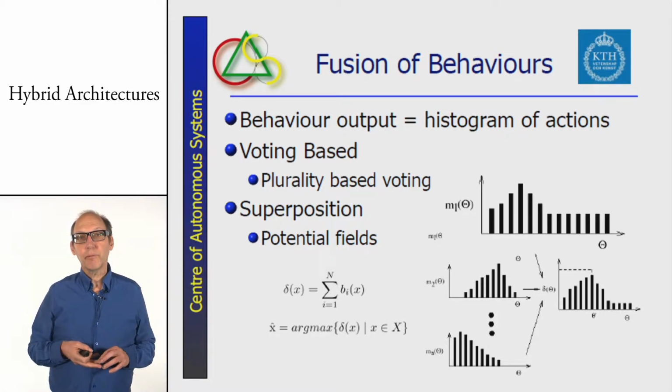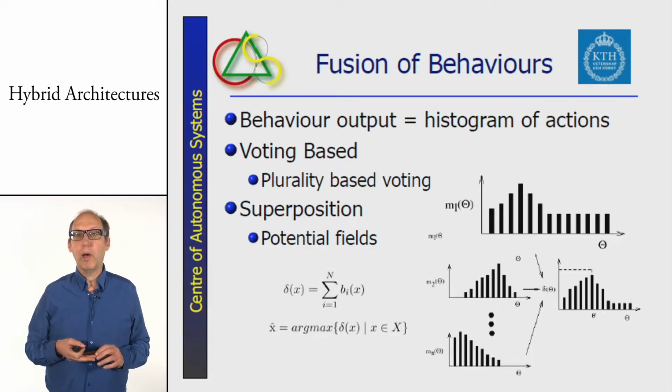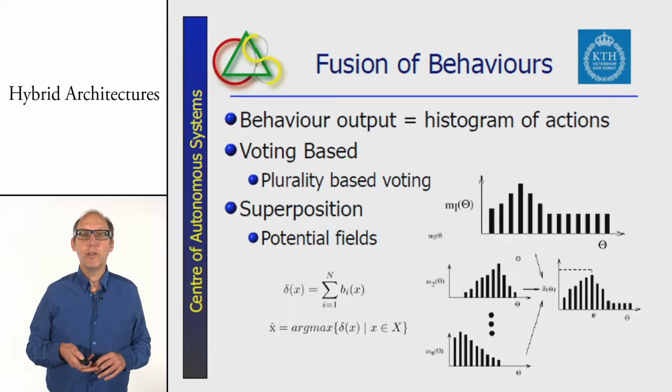Every behavior sends out its votes with a histogram of where it likes to go. That can be seen as potential fields that are summed over each of the suggestions that are made, and based on that you can try to find the maximum, and that's the best action to take on that level.